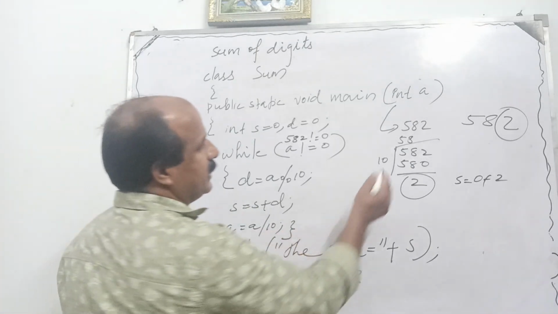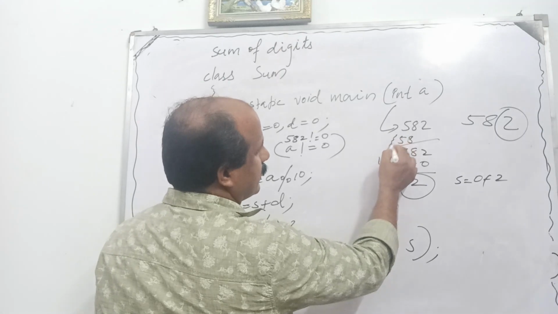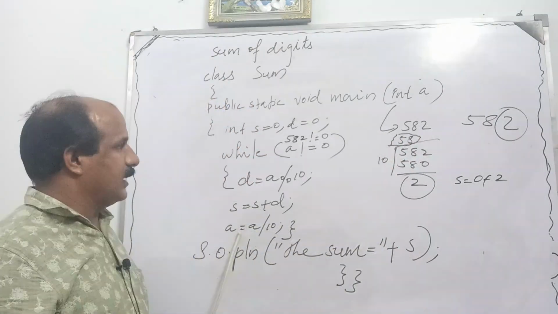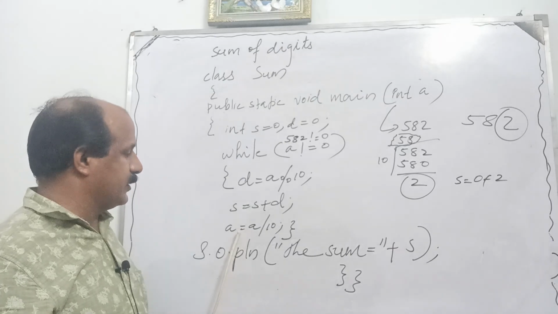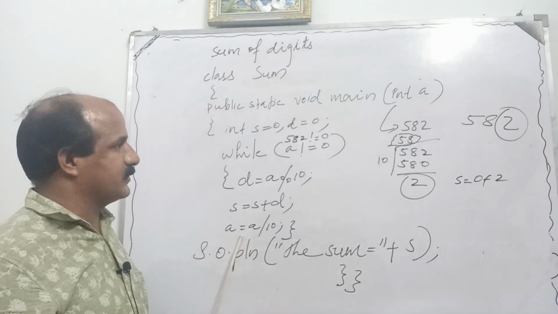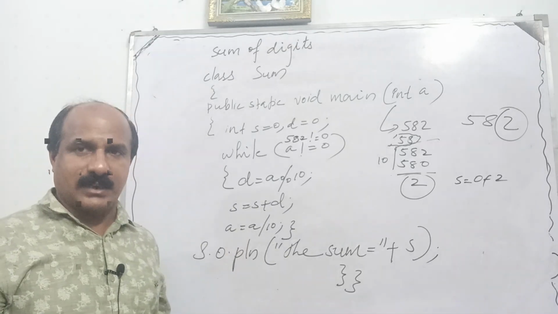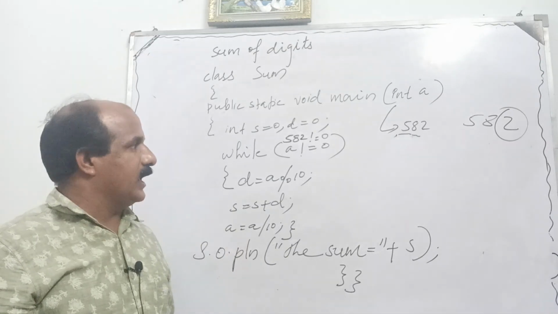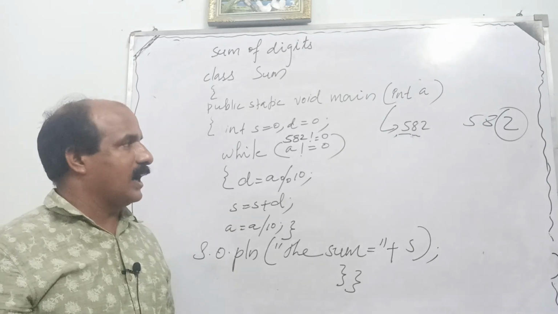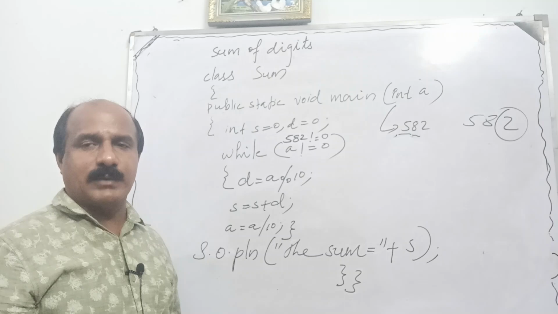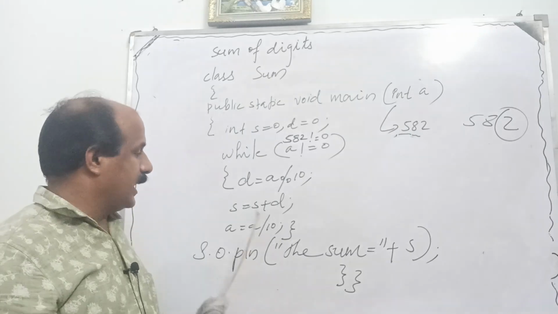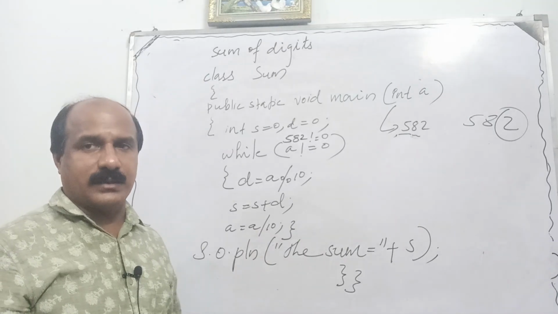The division answer is 58. Now A is not 582; it is 58. Remember, A is changing. The new value of A is 58, because A is equal to A divided by 10.